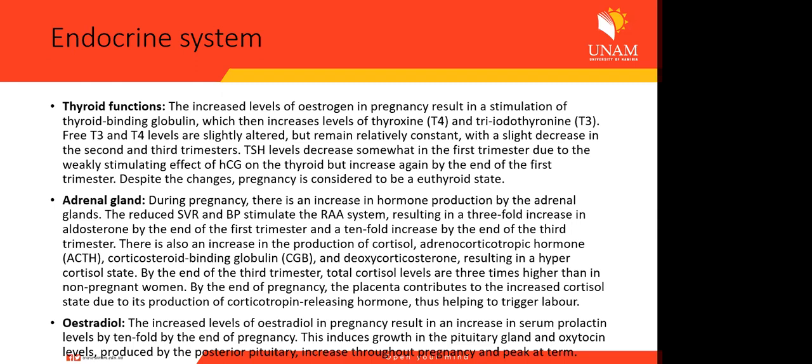Estradiol, a variant of estrogen, increases in pregnancy, and this increase leads to increased serum prolactin levels by as high as tenfold by the end of pregnancy. The importance of this is that it helps to induce increased production of oxytocin from the posterior pituitary gland. And this level increases throughout pregnancy, but peaks at term. And you know the importance of endogenous oxytocin levels.